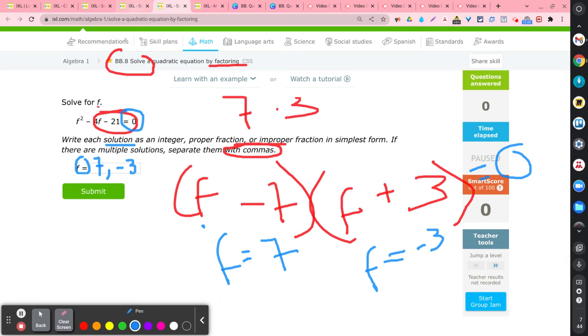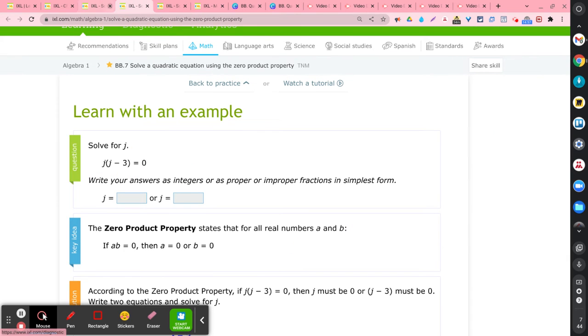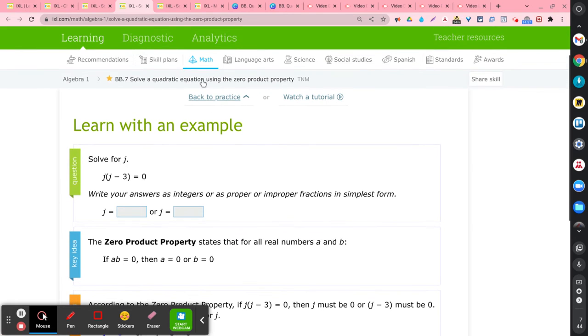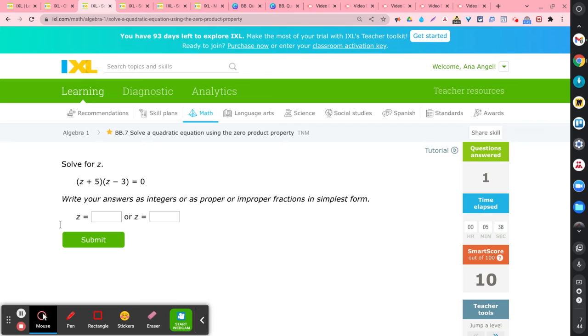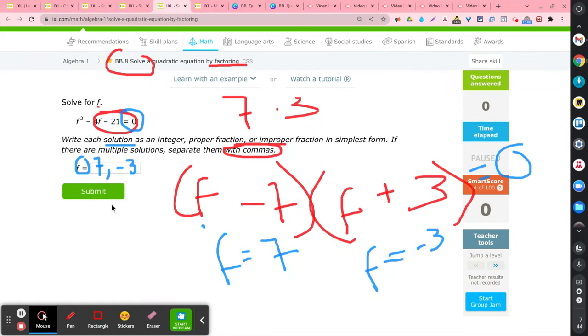This is similar to what you did earlier, if you recall, that I just explained in the other video. But instead of giving you two different boxes for your answers, they're asking you to separate them by commas. Same idea.